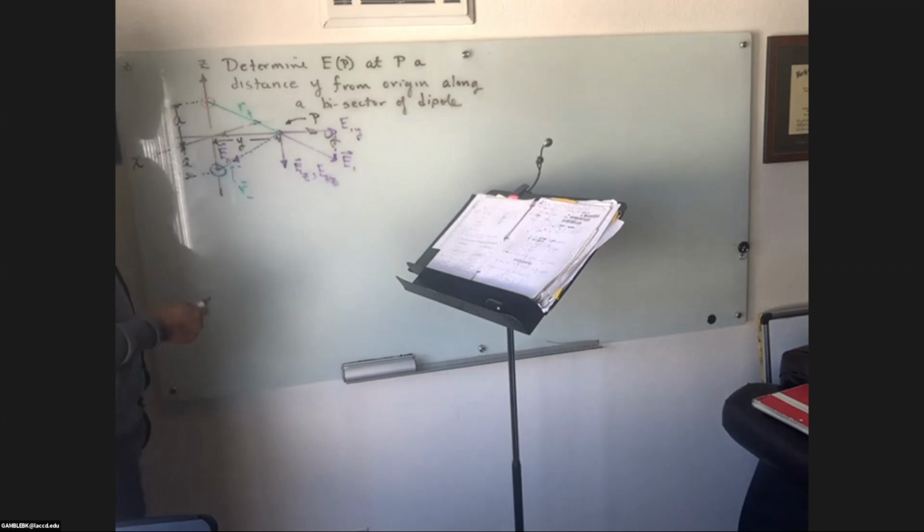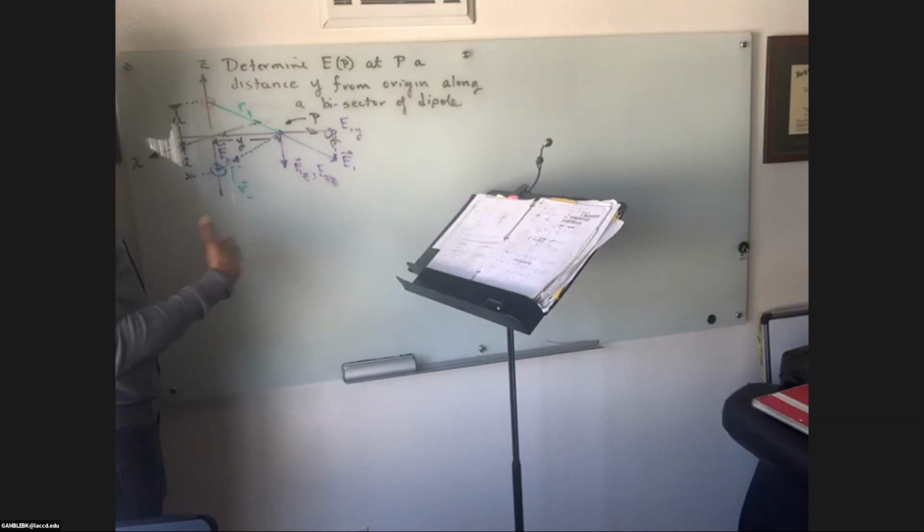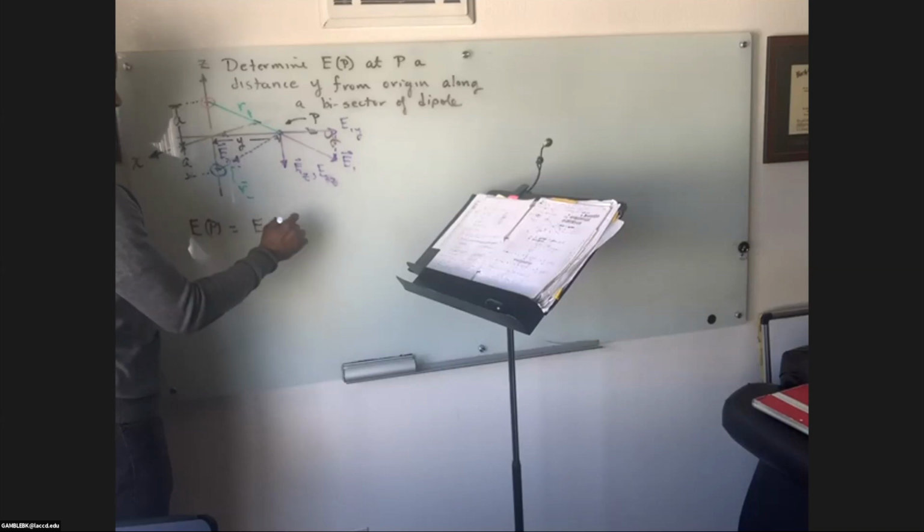So ultimately, that total field, if we were writing it out in all of its glory, the total net field at point P is going to have technically two components: an E_z k hat plus an E_y j hat, right?